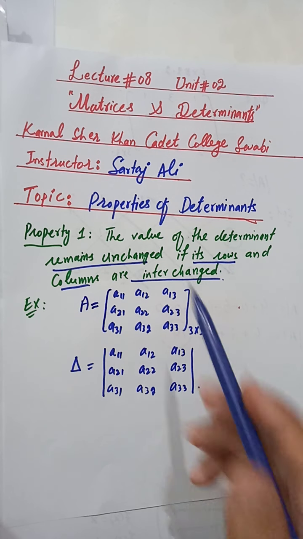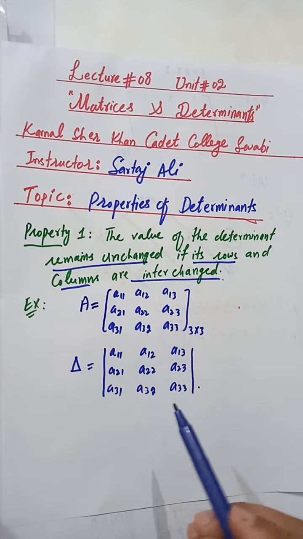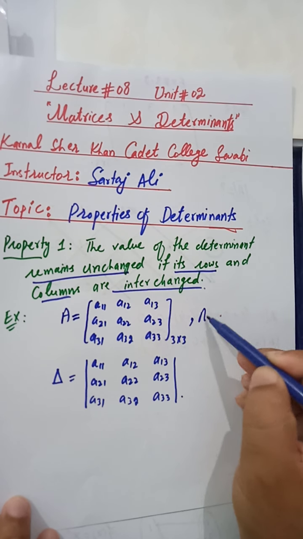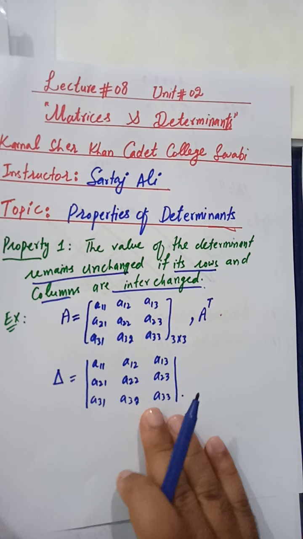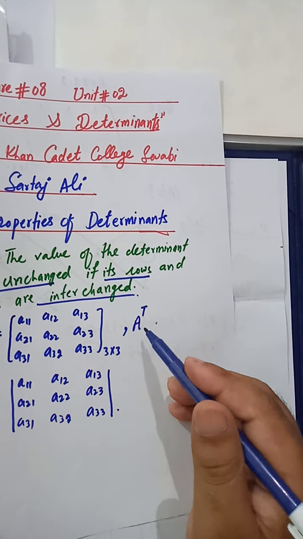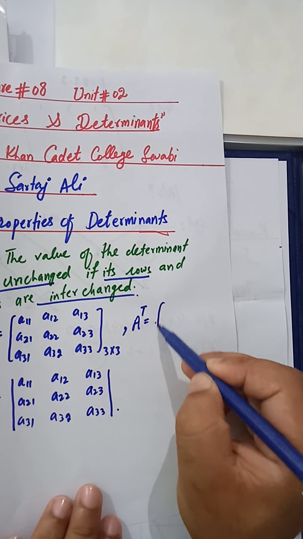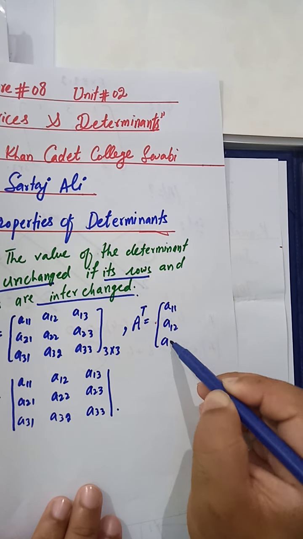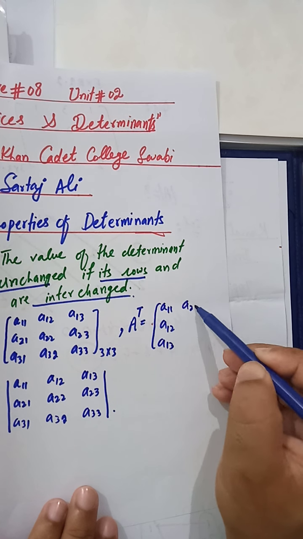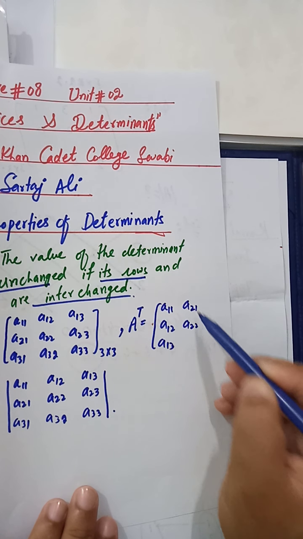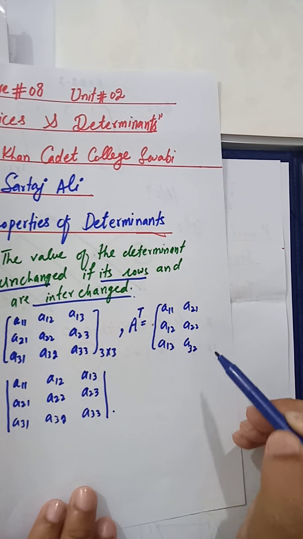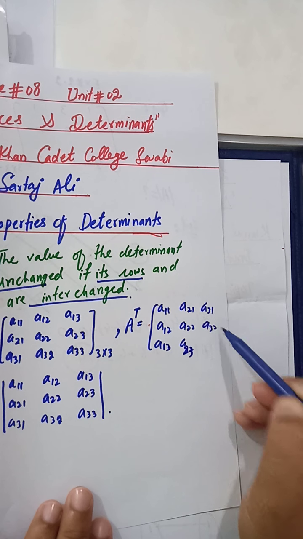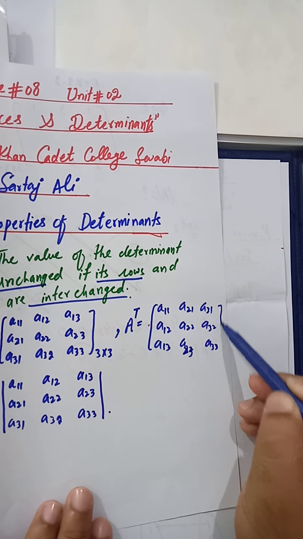In other words, if you take the transpose of this matrix, denoted by capital T or small t, it will be equal to this: I am converting the first row into the first column, the second row into the second column, the third row into the third column.